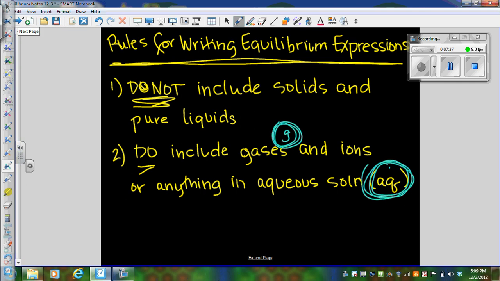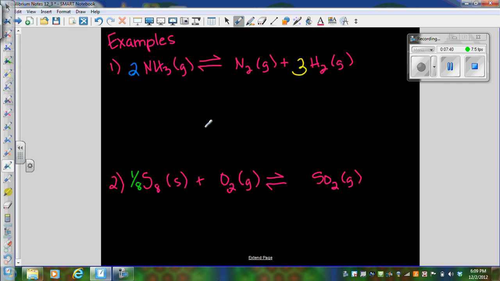So now let's go to some actual examples. I've got two here. I've got one in which I've got 2 moles of ammonia, gaseous state, going to 1 mole of nitrogen gas and 3 moles of hydrogen gas. So what I want to do for this one is I'm going to do both. I'm going to write the equilibrium expression using concentrations. So I want to do concentration of my products, which would be nitrogen right here, times my other product, which is hydrogen.